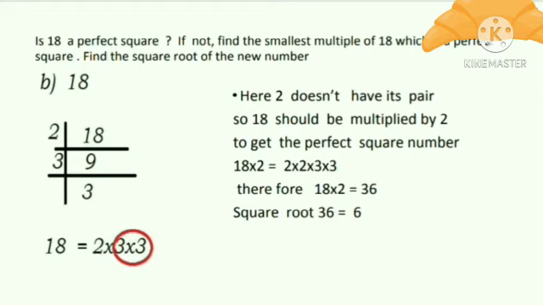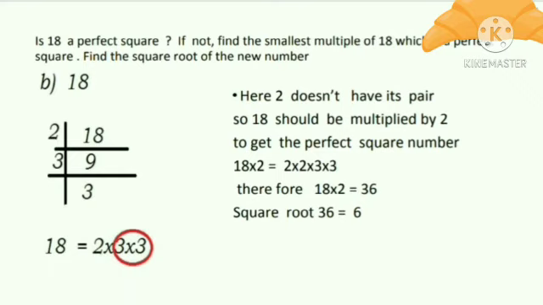By using least common multiple, now we are going to do this. So 2 table, 9s are, 3 table, 3 3s are. Now arrange this in the prime factors method. 18 is equal to 2 into 3 into 3. Here 3 is having a pair. Here 2 does not have its pair, so 18 should be multiplied by 2 to get the perfect square number.